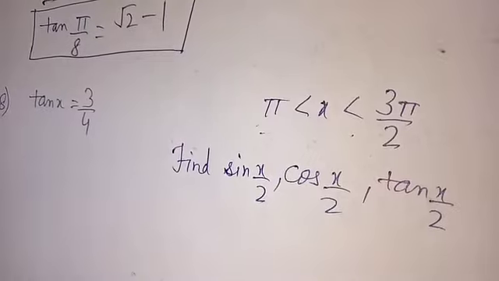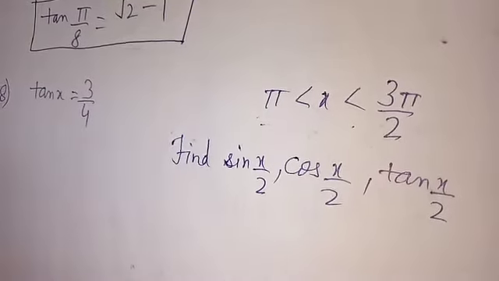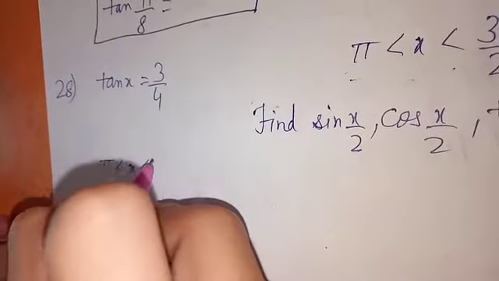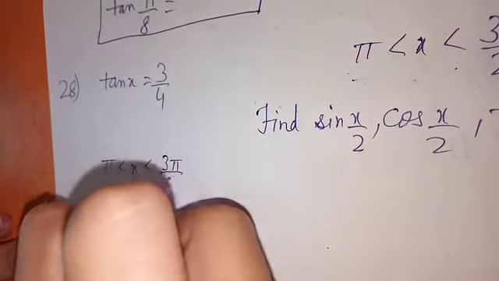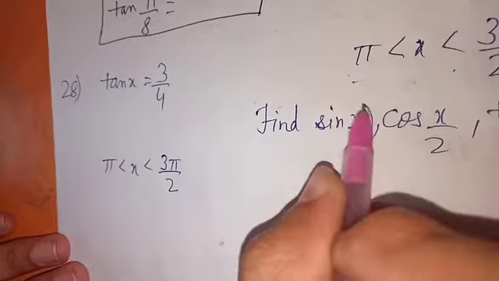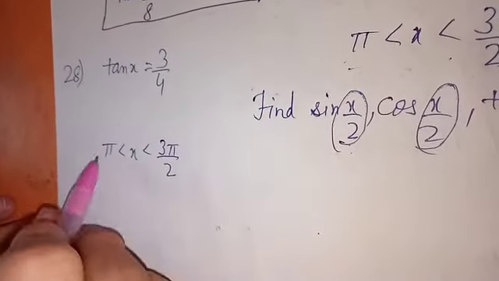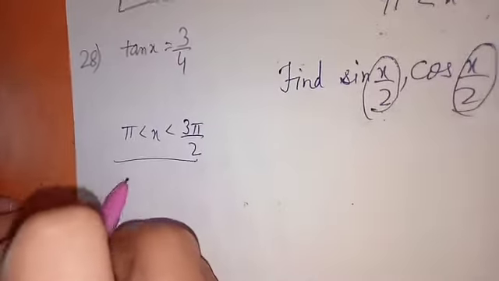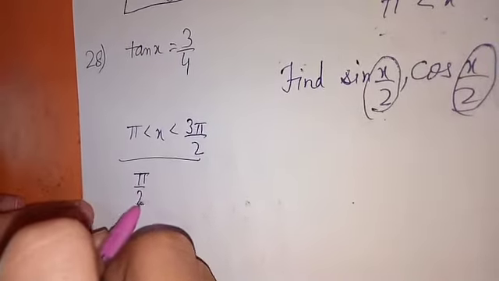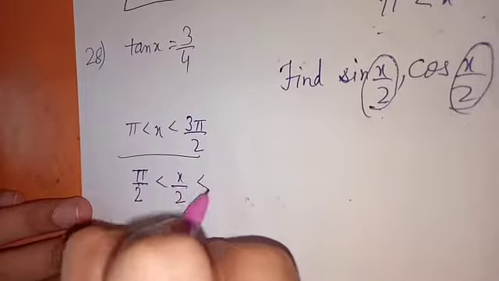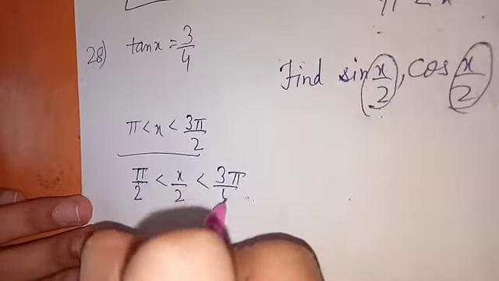Now our x lies in the third quadrant. Okay, but we have to find the values of x by 2. Okay, so we can divide this whole by 2, so it will be pi by 2, x by 2, and this will be 3 pi by 4.